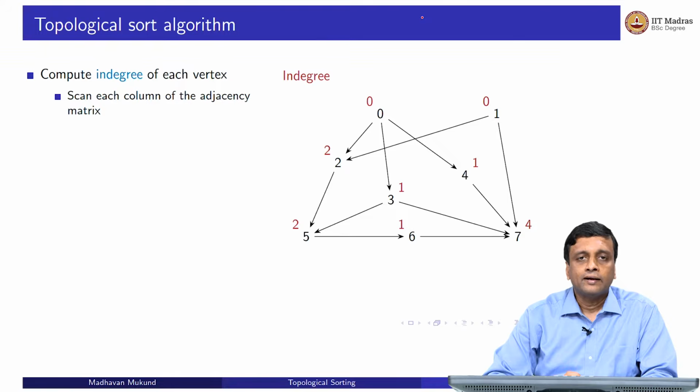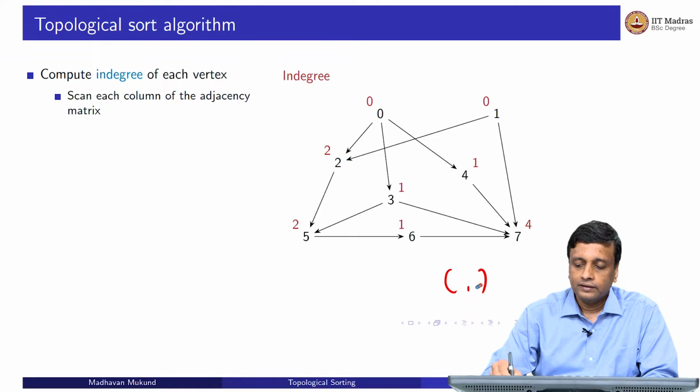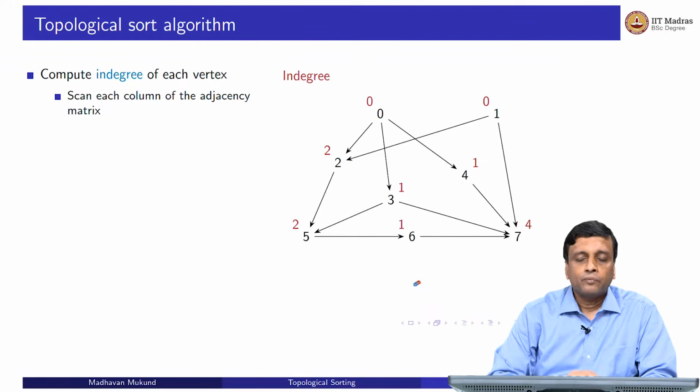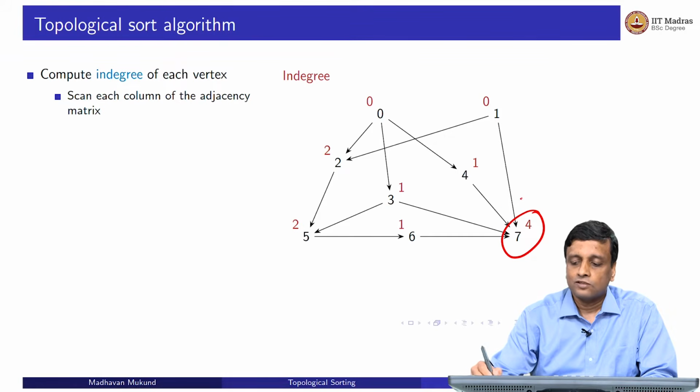So if we see an edge uv, then we will increment the in degree of v. However we do it, we can come up with this numbering, this red numbering which tells us the in degree of every vertex in this particular DAG. So 0 and 1 have in degree 0, and as we go down the DAG, we find, for instance, a vertex like 7 which has 4 incoming edges, and therefore it has in degree 4.